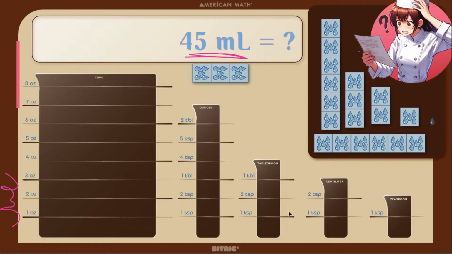All right, 45 milliliters. So as we went over previously, we know that an ounce holds 30 milliliters. I just doubled it to get 60, but this time we have 30 milliliters. We can't add another ounce because that would bring us to 60 milliliters.